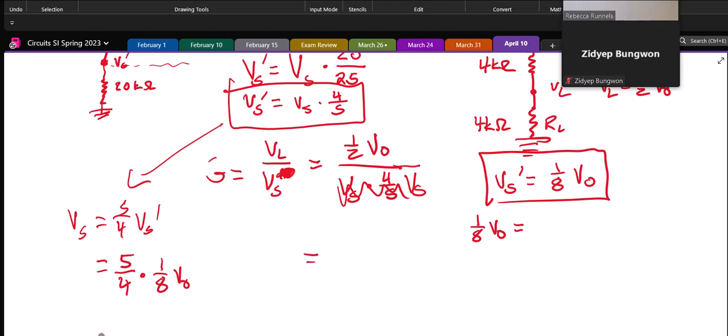Now I have it. So now I have 1/2 VO over 5/32 VO, which equals 3.2. So that's our gain.